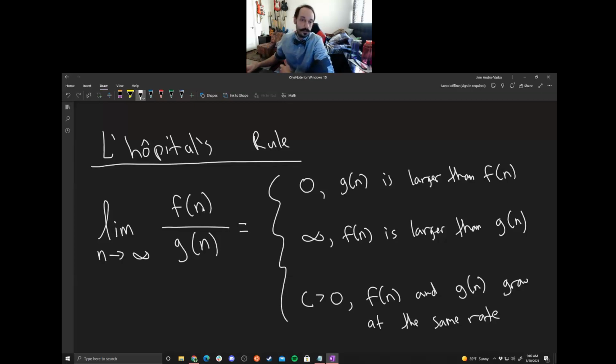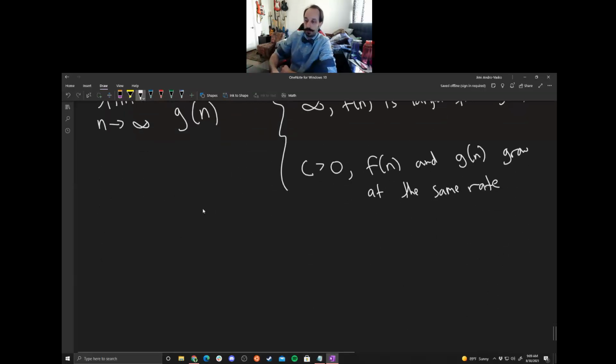So let's go ahead and do some testing on this. Let's test out a few examples. What about f of n equals, actually I'm going to use n squared, so you have 40n squared minus 30n plus 22.